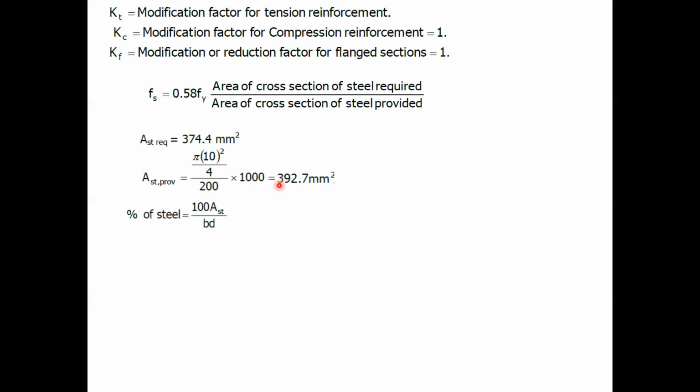Right. While taking the AST, you have to consider 392.7. So it is 100 into 392.7 divided by B is 1000 and D is 145. So you'll get 0.27. Is that clear for everyone? Yes, sir. Okay.